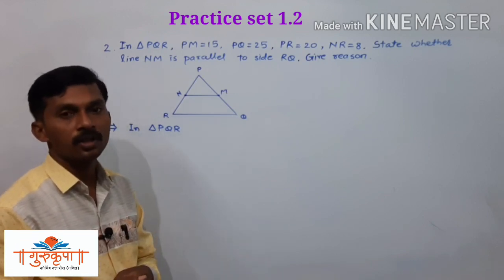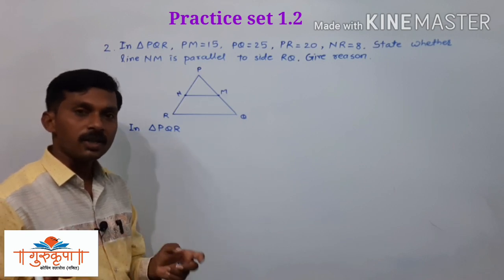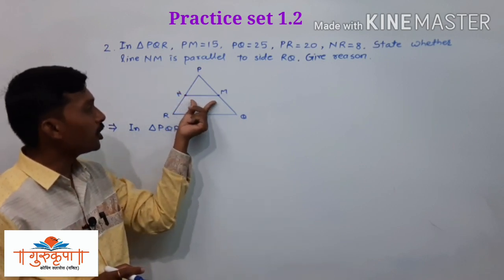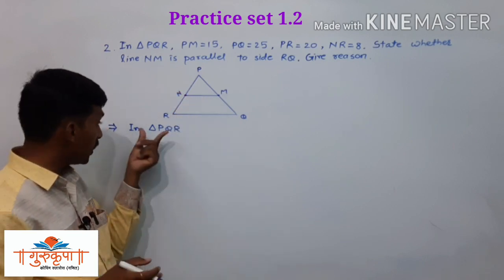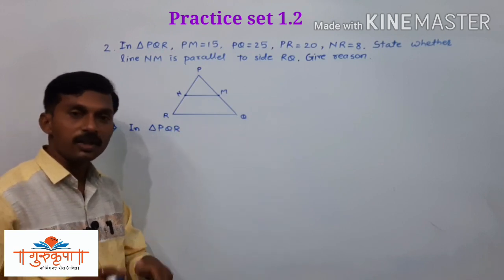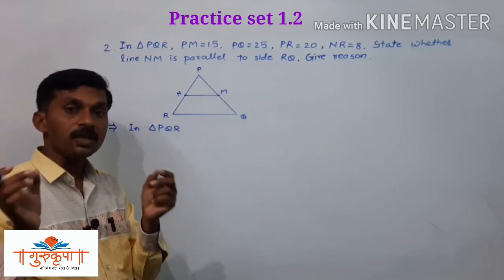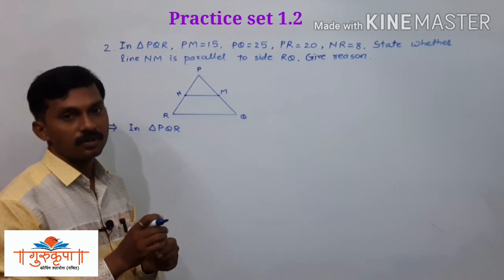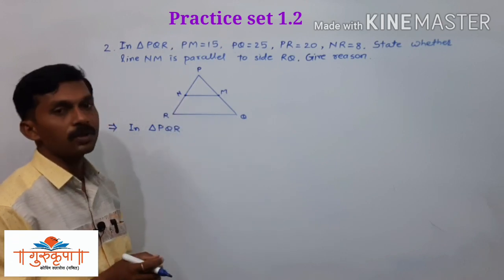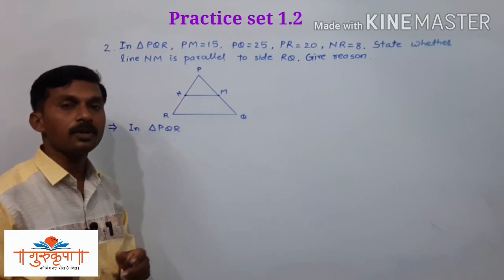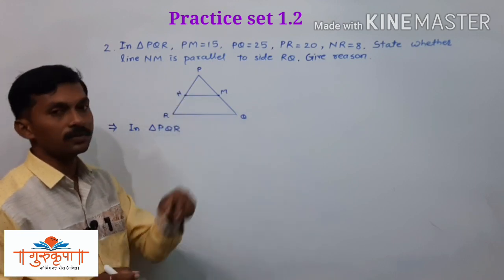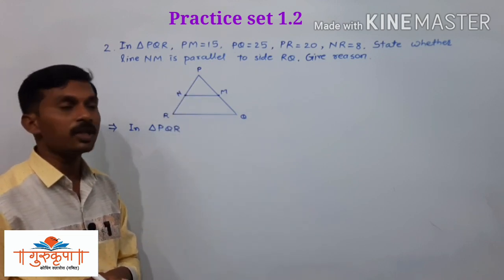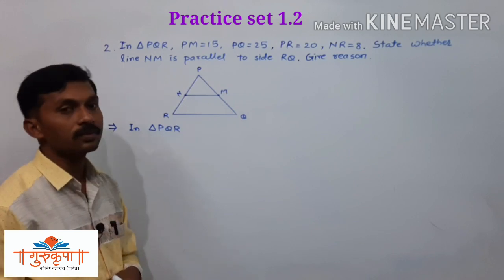Observe the structure. While writing the answer, every time we are first plotting the diagram, then we are writing the given information, and then using the appropriate concept, we are solving the given example. That is a very important criterion. First draw the diagram. Sometimes students do not draw the diagram.